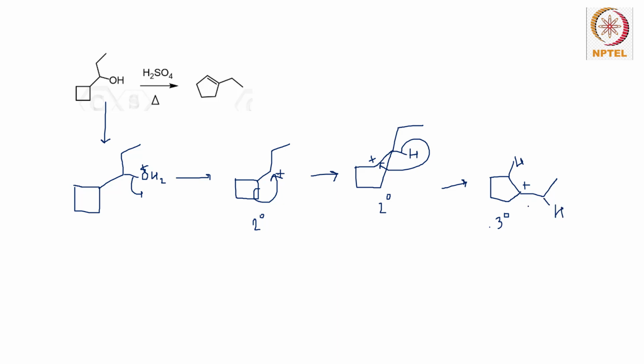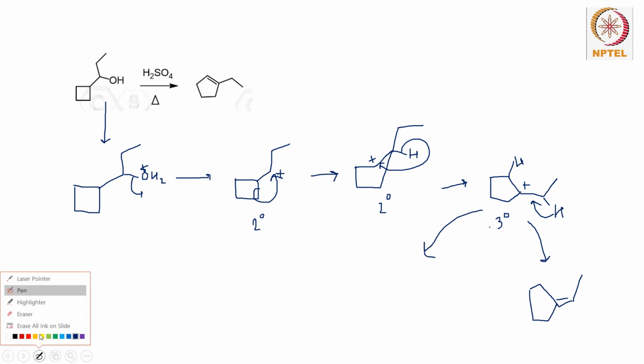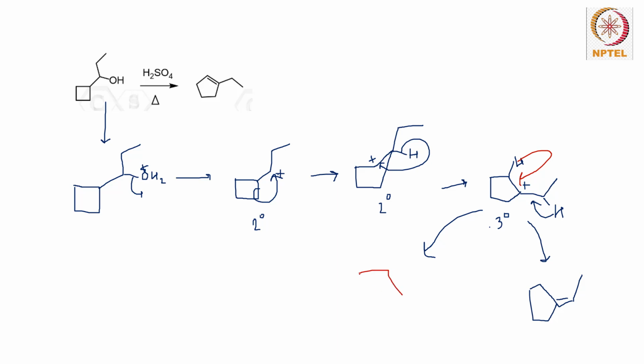If we eliminate from this position, you can see this is a tropylium ion, which has 6 pi electrons and is aromatic. Or if this hydrogen is eliminated, this will be aromatic.